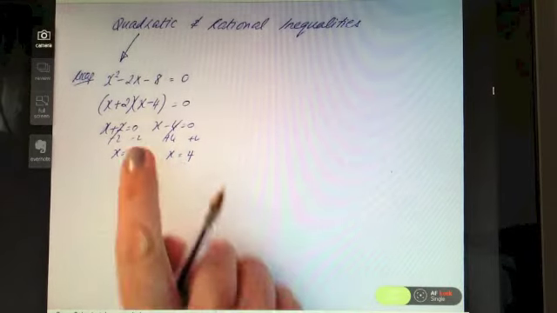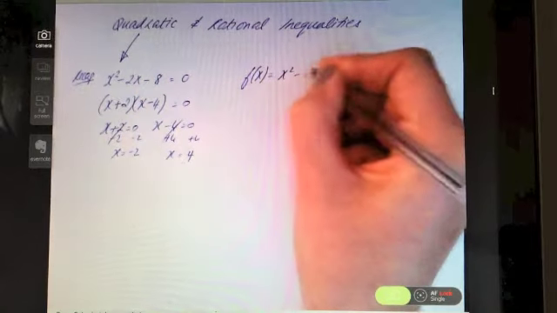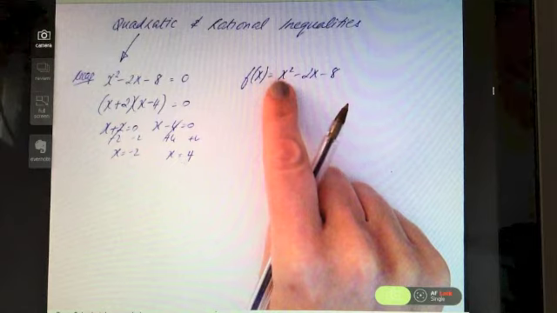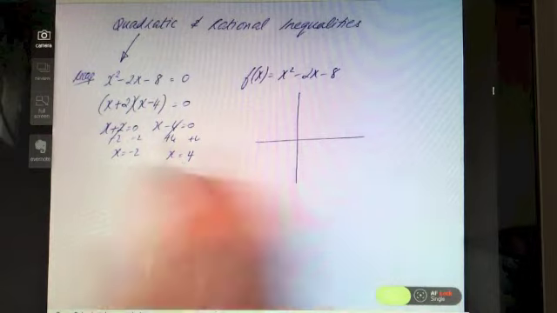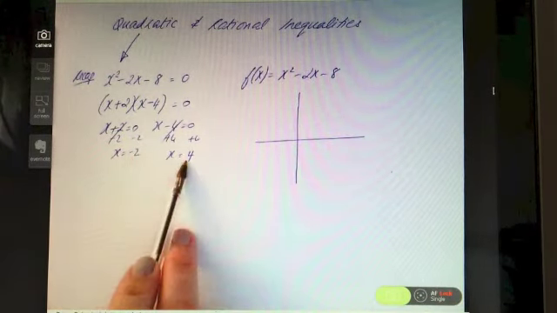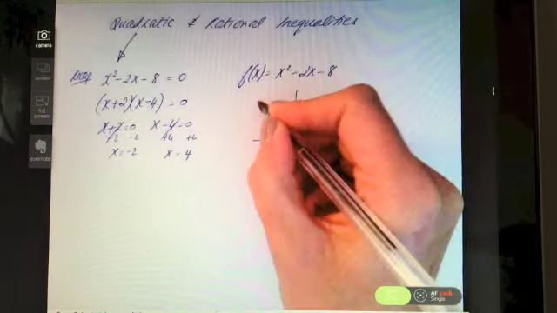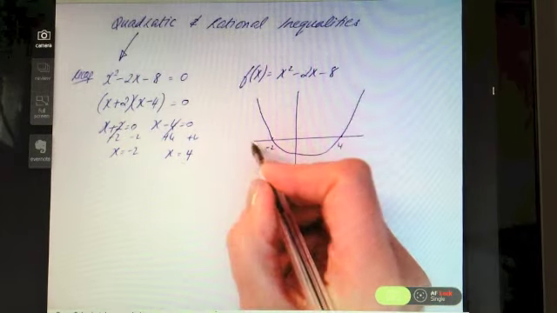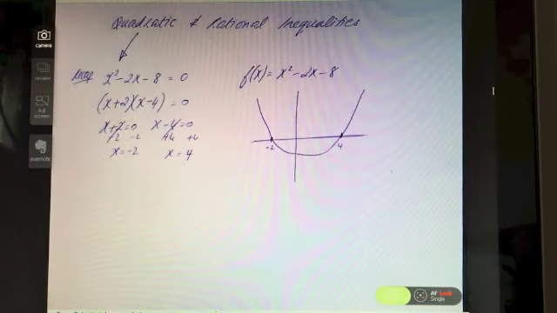Okay, so just to recap, if I was considering what the function x squared minus 2x minus 8 looks like, if you remember, when you have a positive x squared, you get a U shape. And when I solve this quadratic, I'm getting the values x is minus 2 and x is 4, so a quick sketch of this quadratic would be a U shape cutting the x-axis where x is minus 2 and x is 4.